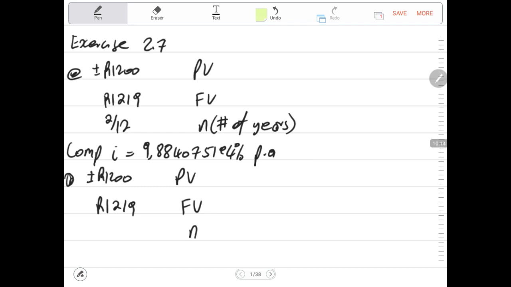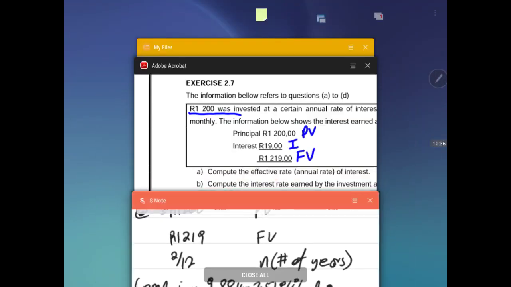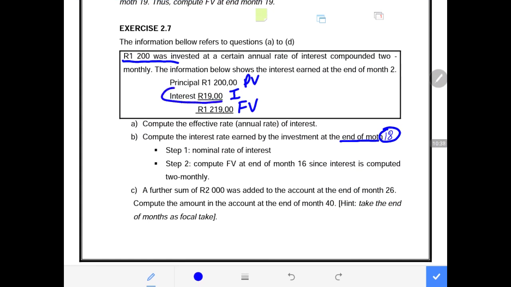We have our N. Now take note. In terms of our N, we have an amount of 1,200 that was invested, and after 2 months the amount earned interest of 19 rand, so our interest is 19 rand, and this interest is earned for how many months? That's the question.